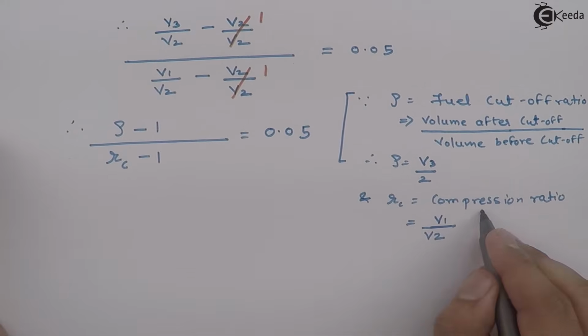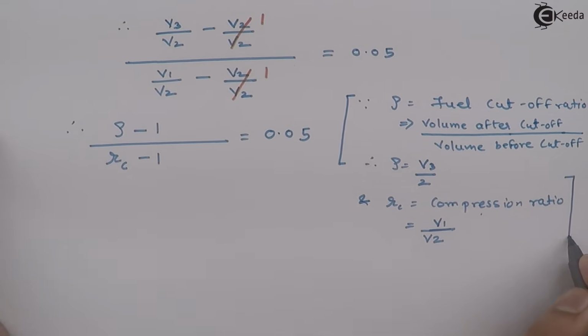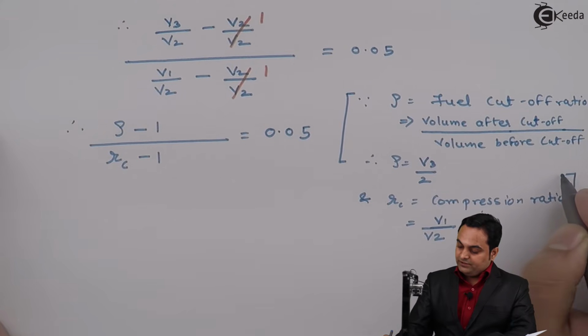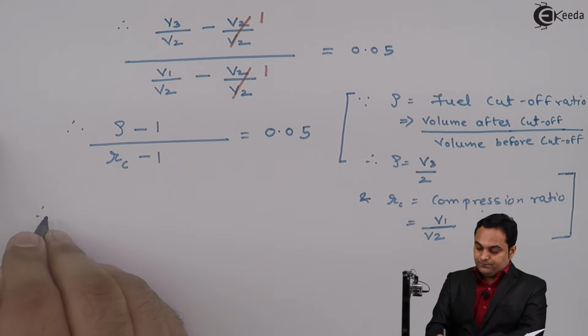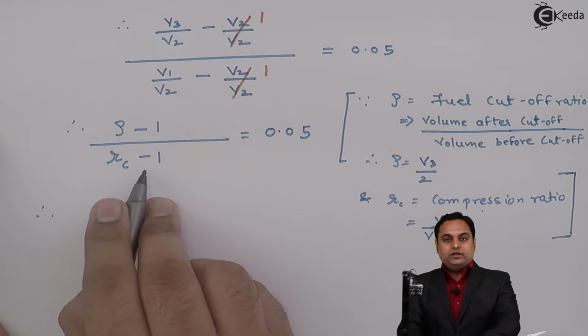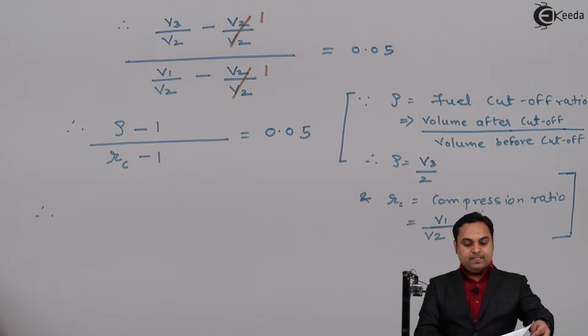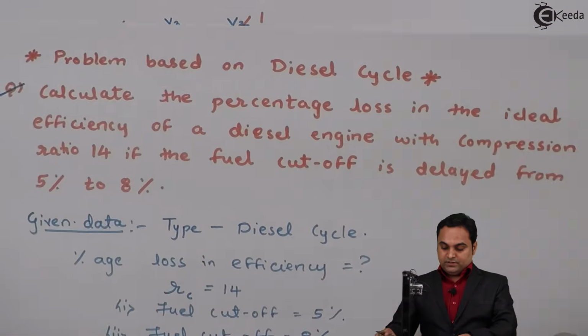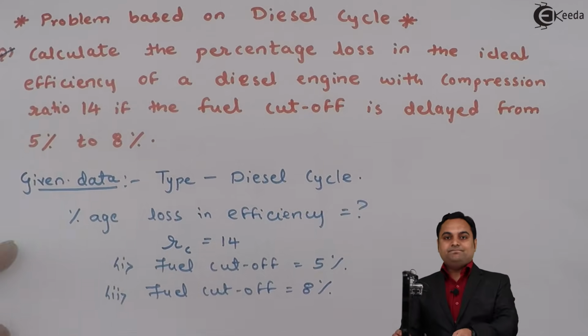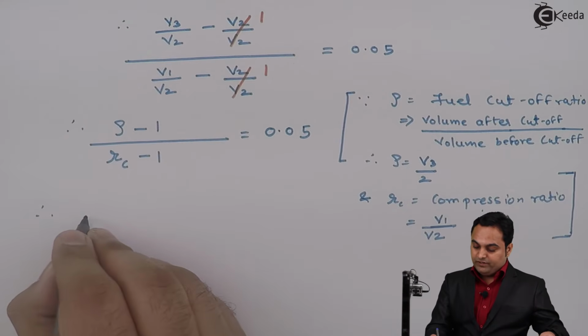Now this I have mentioned in the bracket. So therefore rho minus 1 upon RC minus 1. Now RC compression ratio is given in the problem. We have written it in the data. RC is 14. So rho will remain as it is.